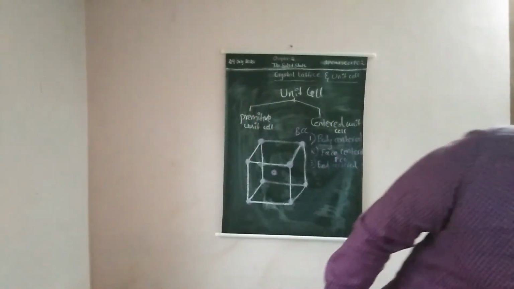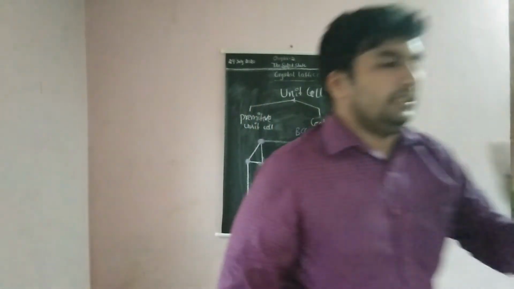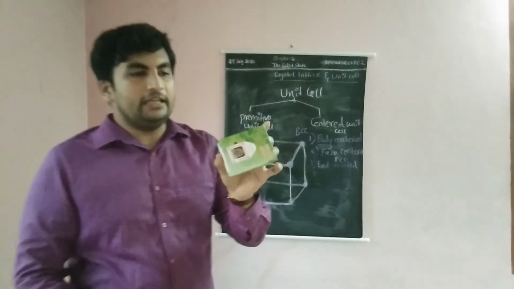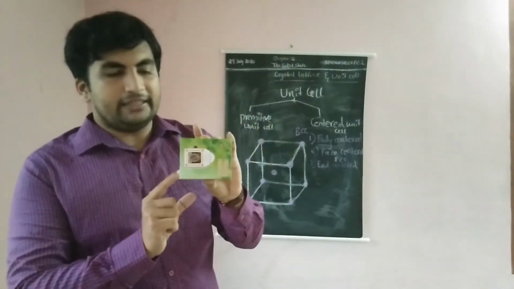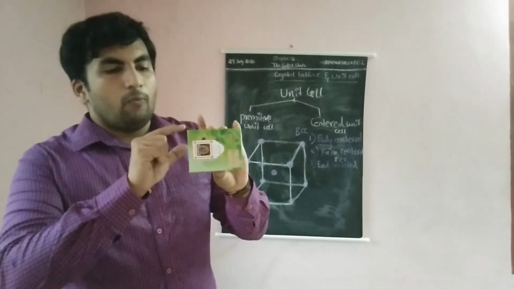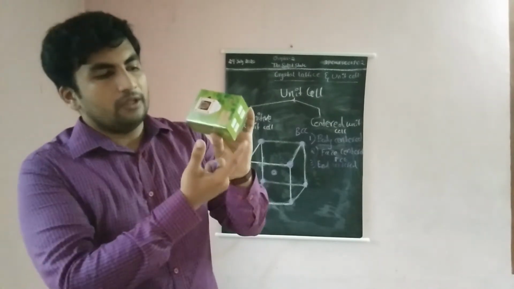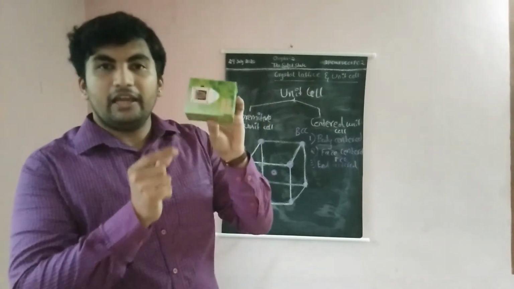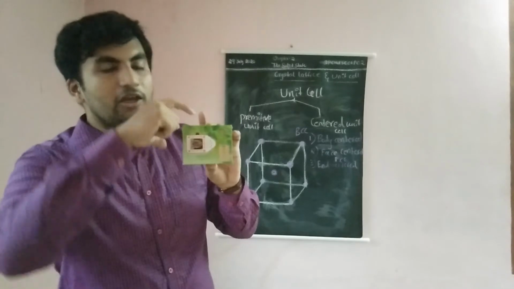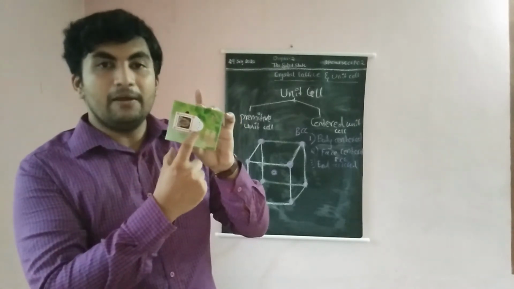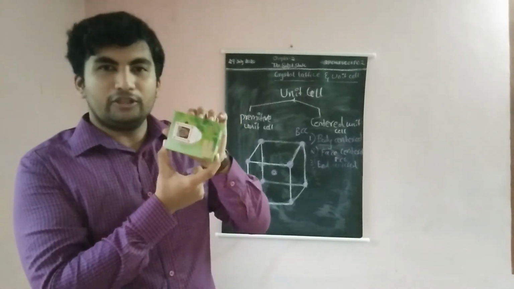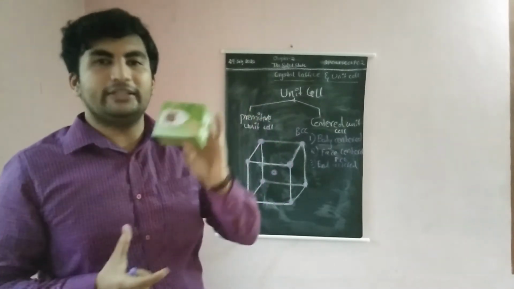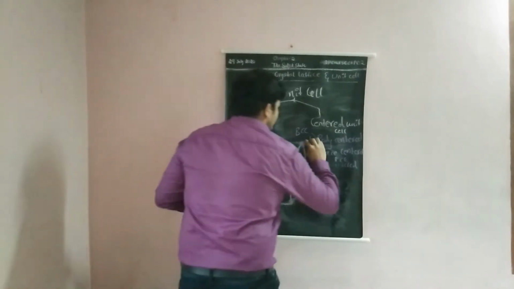If I consider the model, this is a simple unit cell with constituent particles 1, 2, 3, 4, 5, 6, 7, 8, and along with the 8 constituent particles, one is in the center, in the middle of the unit cell, which is not shown here. So this is clear, right?